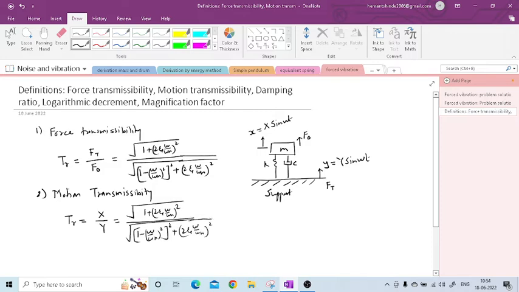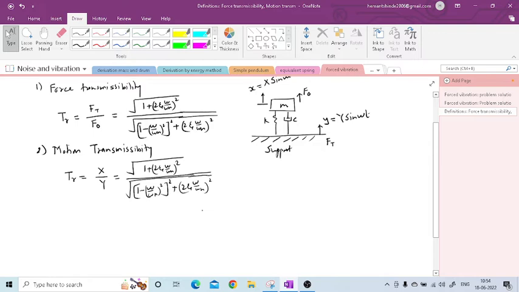Okay, so this is the formula of motion transmissibility, and the definition of motion transmissibility is the ratio of amplitude of vibration transmitted to the support divided by amplitude of vibration of the vibrating body. Okay, so this is the definition of motion transmissibility.